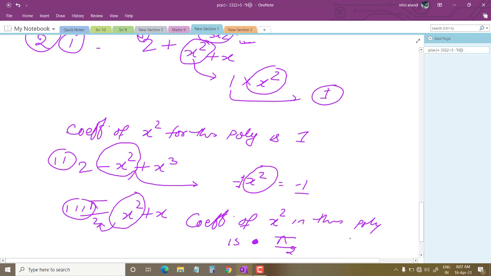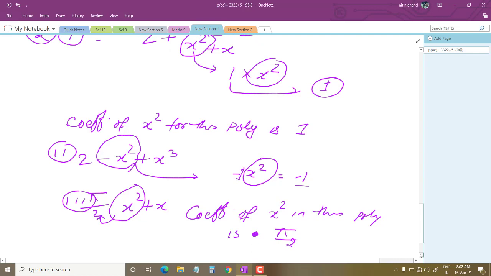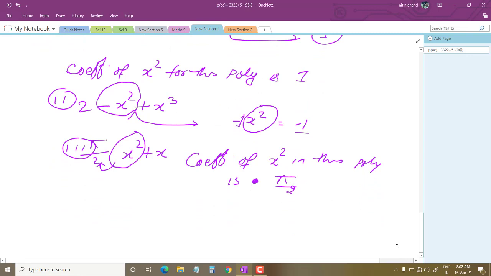Next question, the fourth example. The question is root 2 x minus 1. We have to write the coefficient of x square for this polynomial. Is there any x square? No, there is no x square.